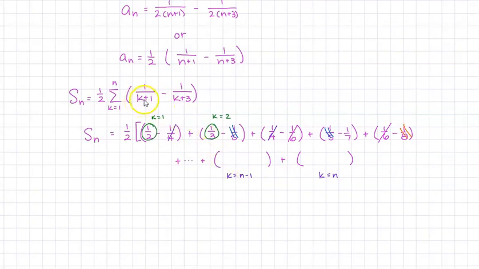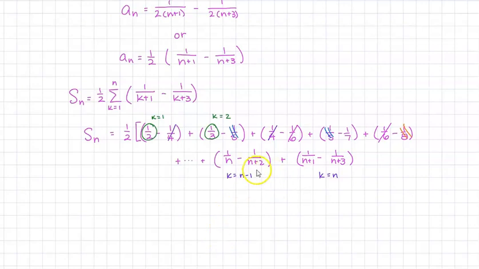So n minus 1 plus 1 is just going to be n. And then if I let this k equal n minus 1, then n minus 1 plus 3 is n plus 2. And so there's that one. And then for the last one, I let k equal n, and I have 1 over n plus 1 minus 1 over n plus 3.